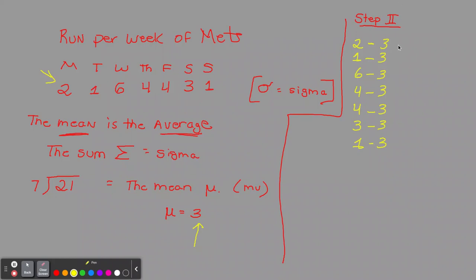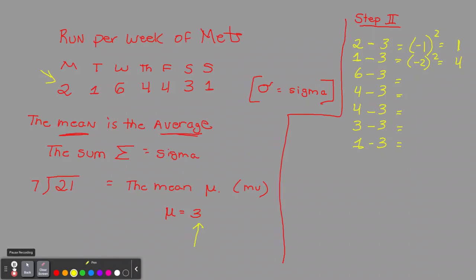And then when you get that answer, put these equal signs in. You don't care if it's negative because you're going to square them, right? And when you square a negative, you'll still get a positive number. So here you get -1, and -1 squared is just 1. And over here, 1 minus 3 is -2. -2 squared is 4.